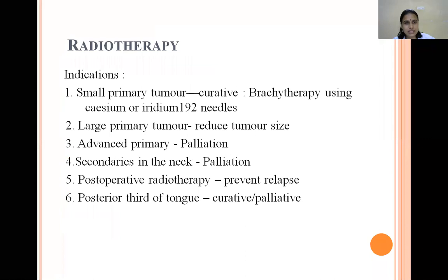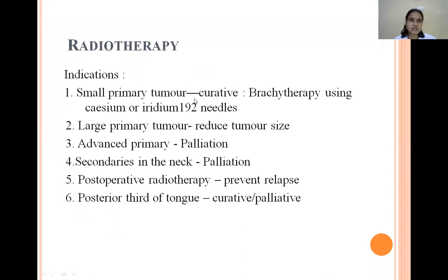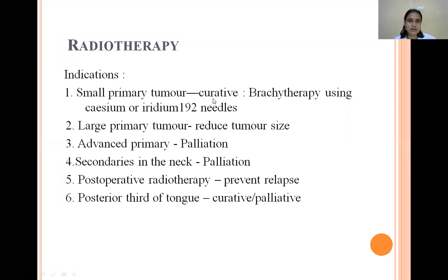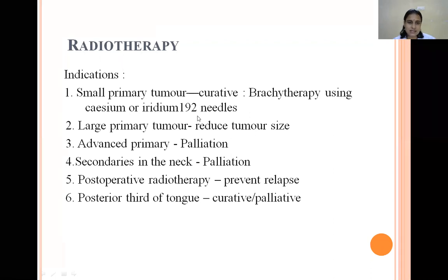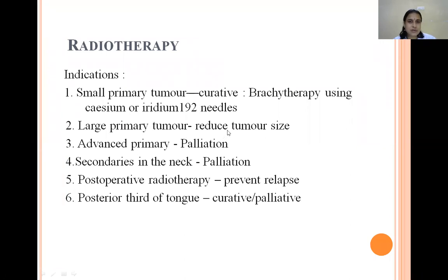Coming to radiotherapy. I told you small primary tumors less than 1 centimeter. There is curative radiotherapy and brachytherapy using cesium needles, or radium-192 needles. Large primary tumors: for tumor size reduction or down staging of the tumor, you can get preoperative radiotherapy.